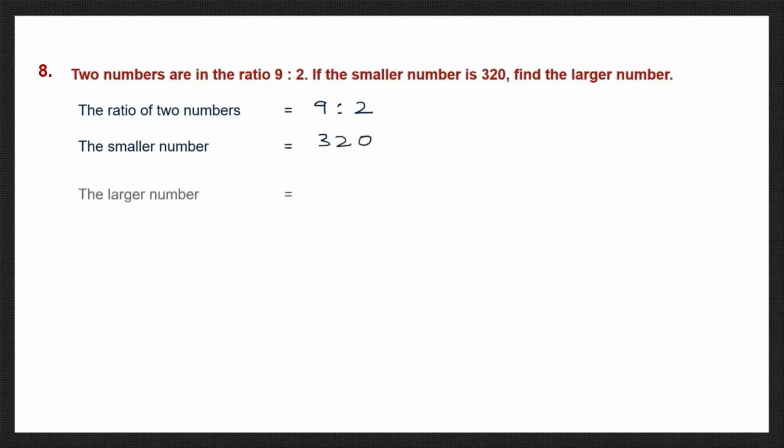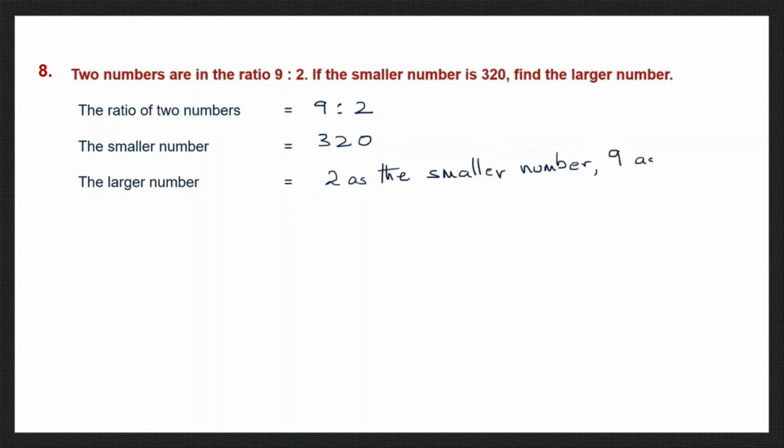Now we are asked to find the larger number. Now from the ratio 9:2, if we take 2 as the smaller number, then 9 will be the bigger number, isn't it? Then we can take 9 as the bigger number.